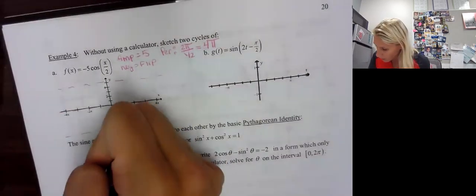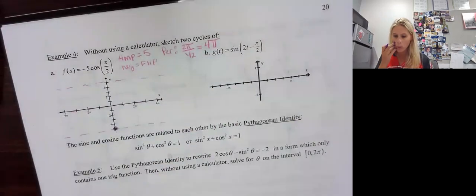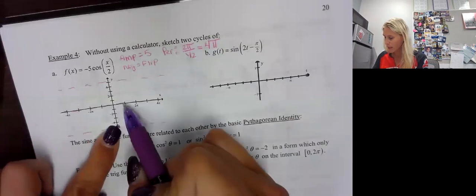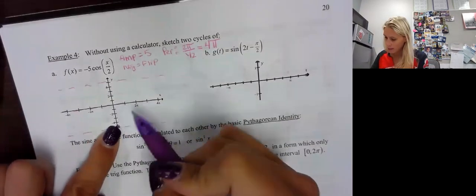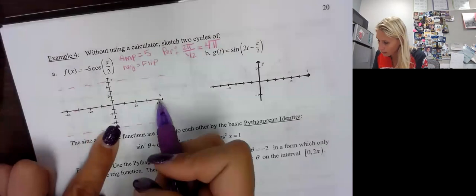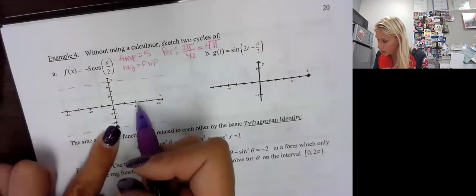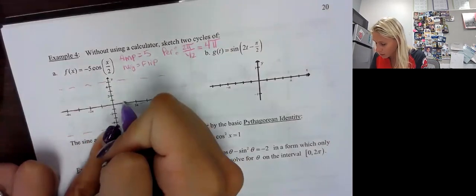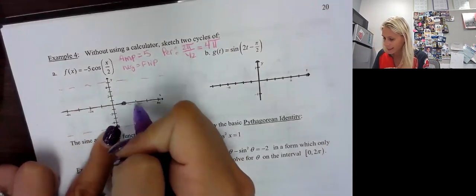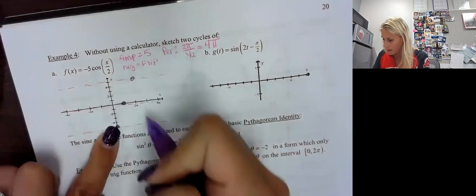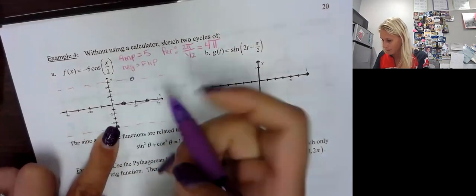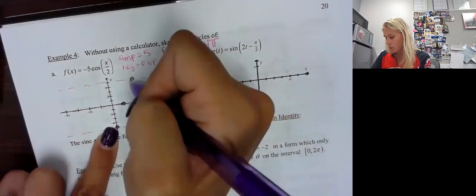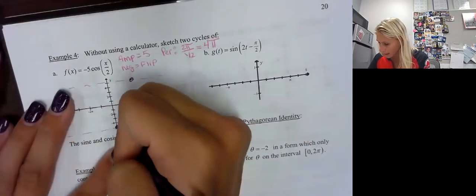Remember, since we're going every 4 pi, every shift is 4 sections away. So here's 4 pi, there's 1 section, 2, 3, and 4. One section goes to the midline, the second section goes up, back down to midline, and back down. Because at 4 pi, this one curve is done, then it starts repeating itself.